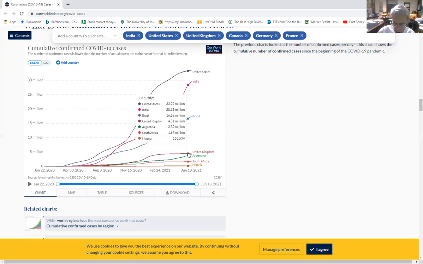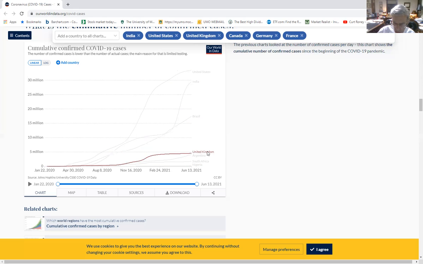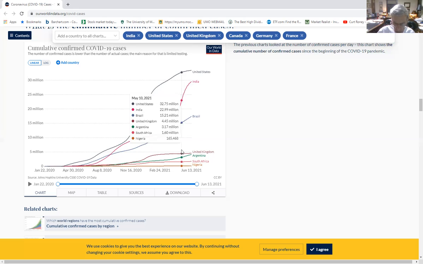You can see the United Kingdom is still growing, but compared to these other countries, it's a problem for the UK, but maybe not for the rest of the world. But this one, Argentina, has caught my eye because you can see that the acceleration is just beginning.